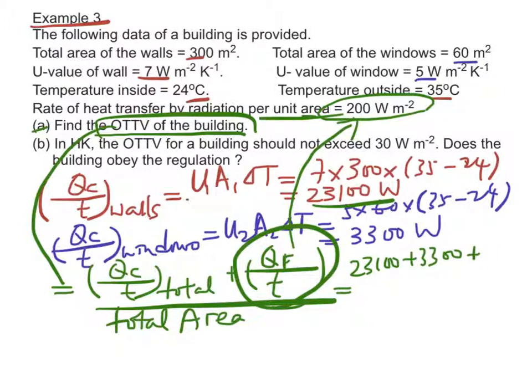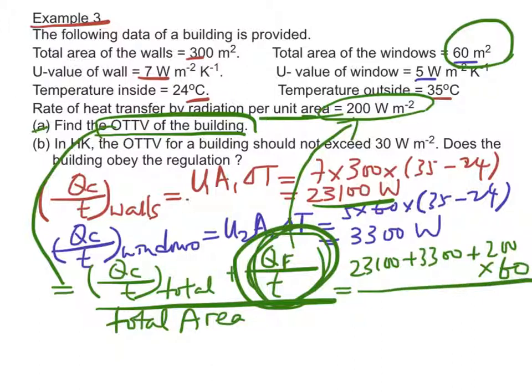Therefore, the rate of heat transfer by radiation is 200 times the total area of the window, 60, over the total area, which is 300 plus 60.